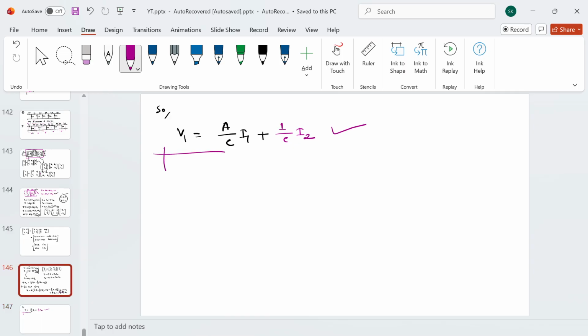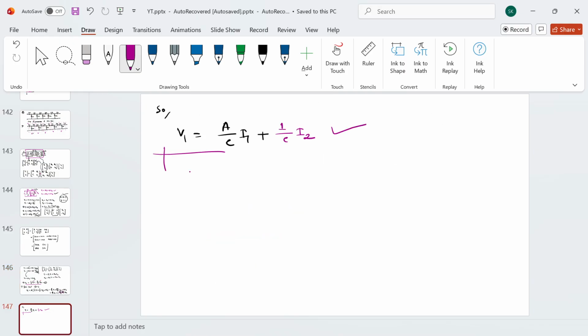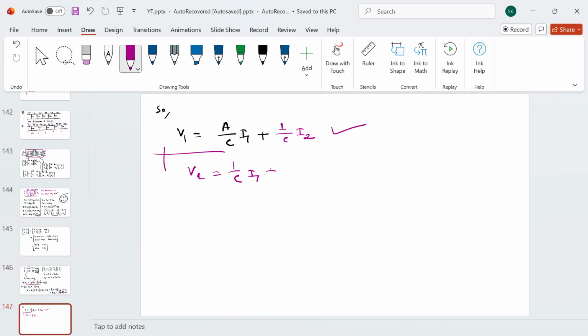See, this equation number 5 is already a function of I1 and I2. So V2 is equal to 1 by C I1 plus D by C I2.